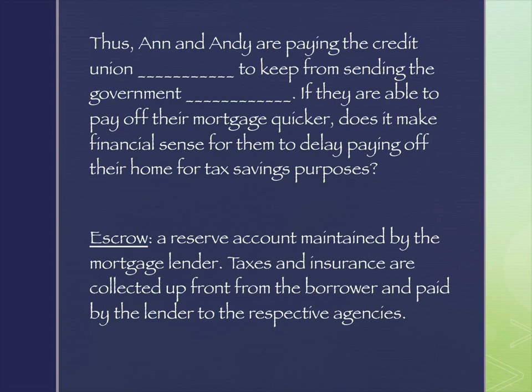So what we're actually saying here, if we're the financial advisor, is that to avoid paying the government, I said that wrong. We're going to pay the credit union $3,750 in order to not pay the federal government $937.50.